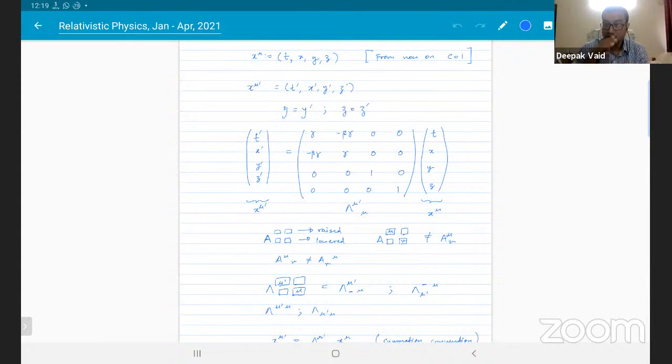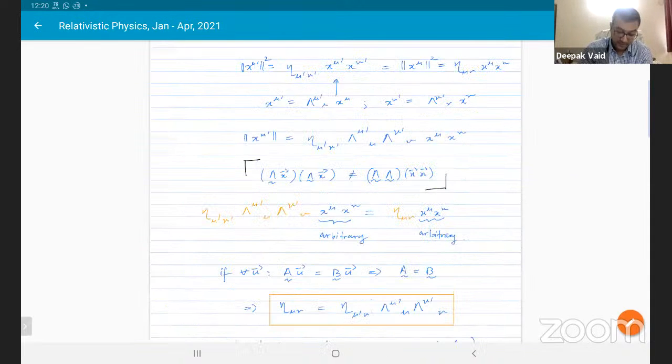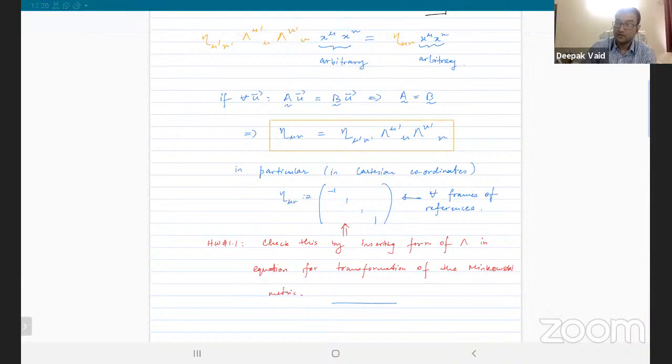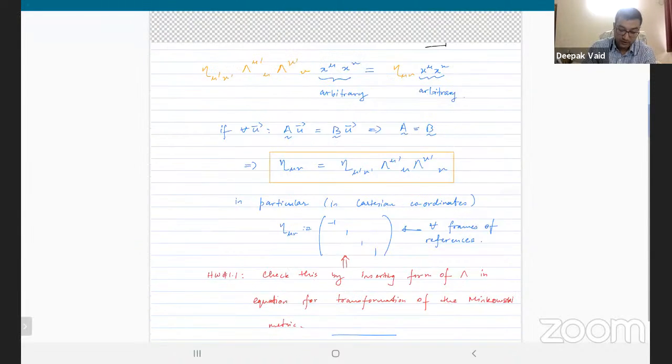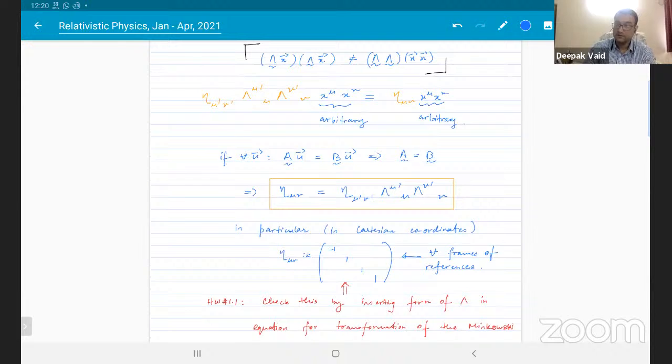That is a general coordinate transformation. That is not part of the Lorentz transformation. So under that transformation, the metric components will change. Okay. So this is true for Lorentz transformations only, not for arbitrary coordinate transformations.